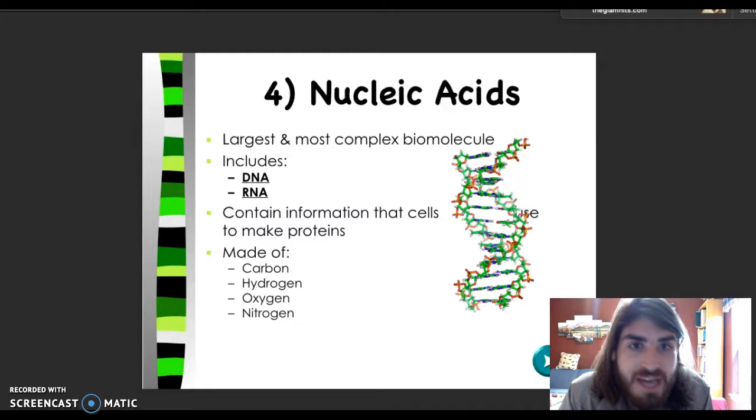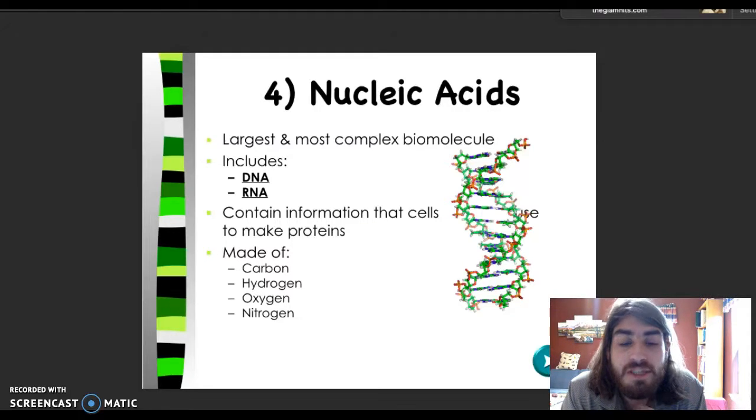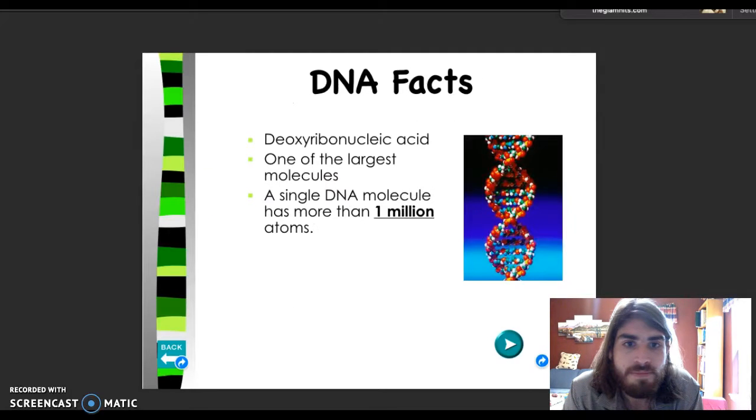And lastly, we have nucleic acids. Includes DNA, RNA, and it's also the largest and most complex of the biomolecules. It's made of carbon, hydrogen, oxygen, and nitrogen. The name for it is deoxyribonucleic acid. It's one of the largest molecules.